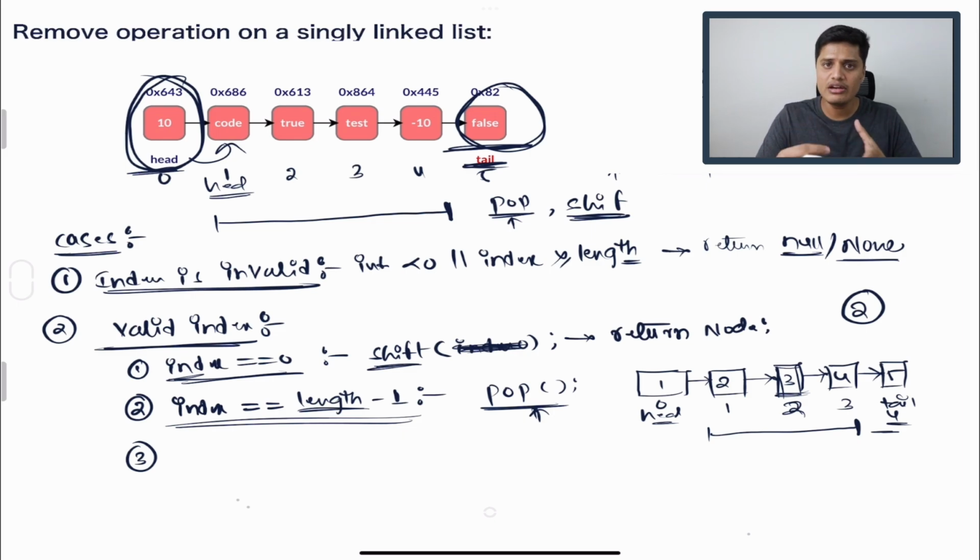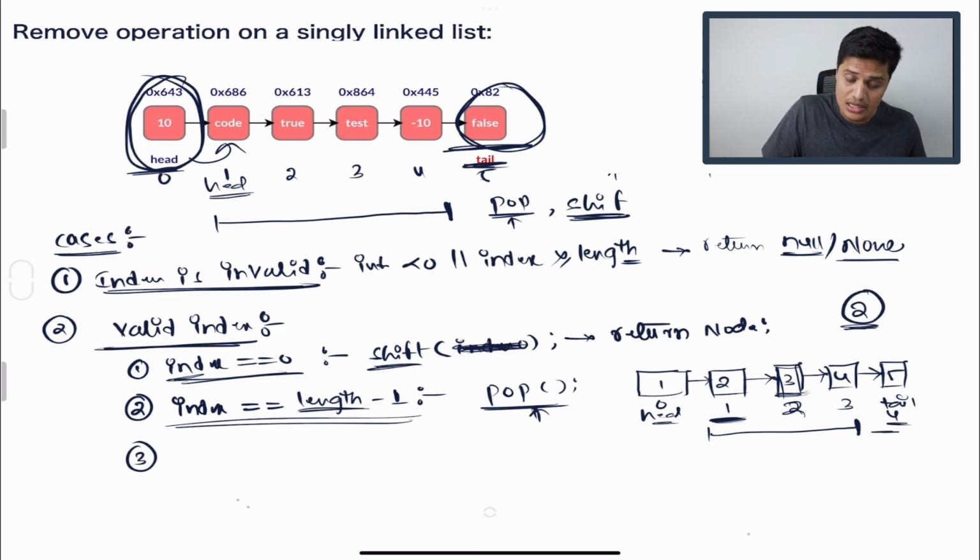So to do that, first we will get the node that is at the index given by the user minus 1 position. In our case, the index that the user has given is 2, so we will go ahead and get the node at index 1, because we are trying to get the node at index minus 1 position.